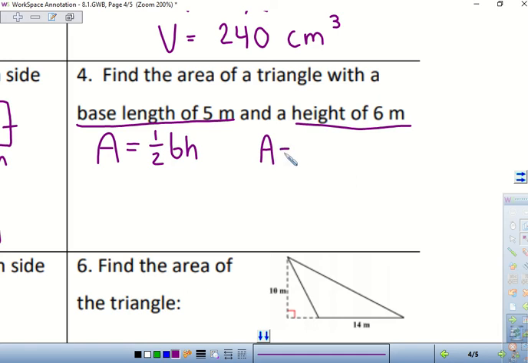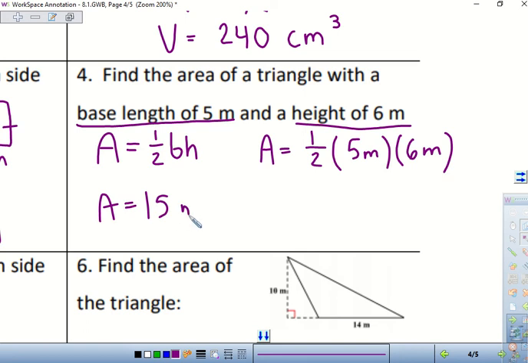So area is equal to 1/2 times the base times the height, which is going to be 15 meters to the second. Area is always to the second, volume is always to the third, okay? Area is to the second, volume is to the third. So you're just plugging in.